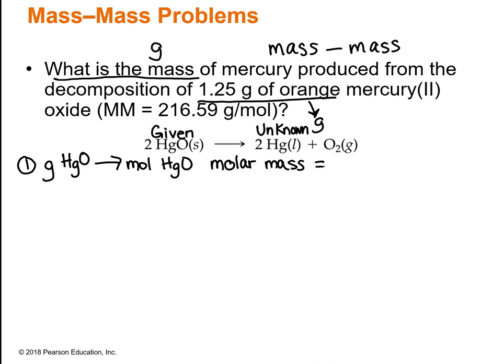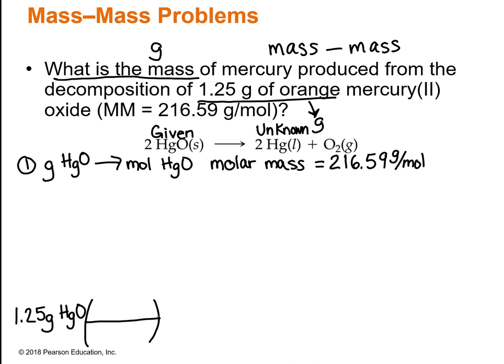Now the molar mass is given in this problem, but you will not always be given molar mass. So let's go ahead and write that part out. We're starting with 1.25 grams of mercury 2 oxide. If I want to get rid of grams, should the grams go in the top or the bottom?